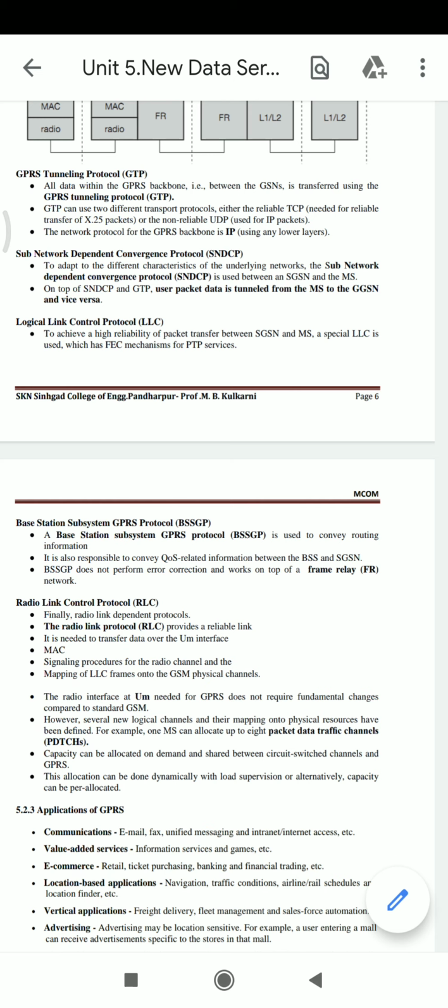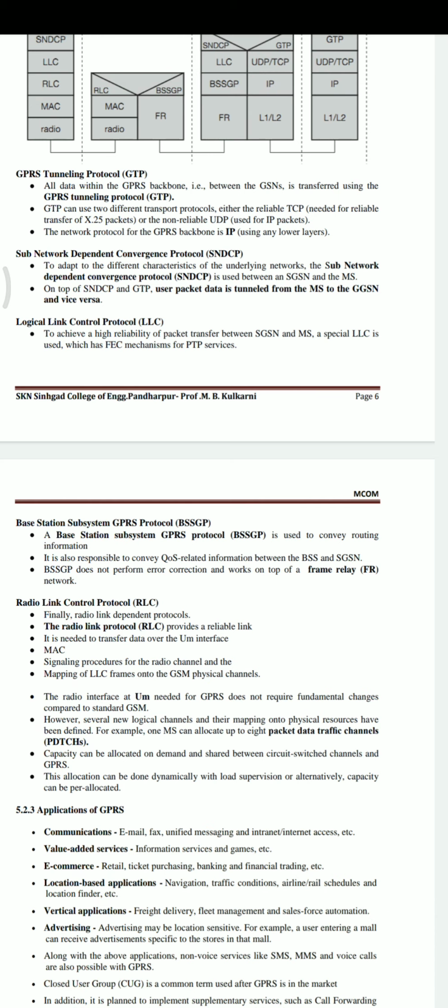Another responsibility of this base station subsystem GPRS protocol is conveying the quality of service related information between BSS and SGSN. As we have seen, one of the characteristics of GPRS is that it provides quality of service in the transmission.